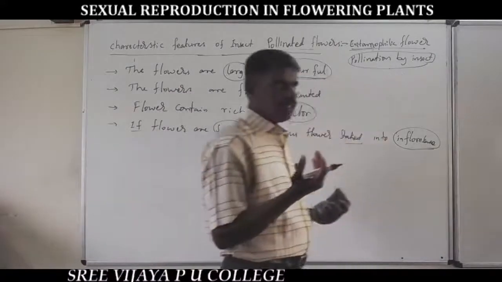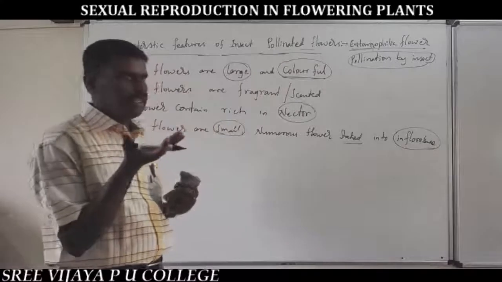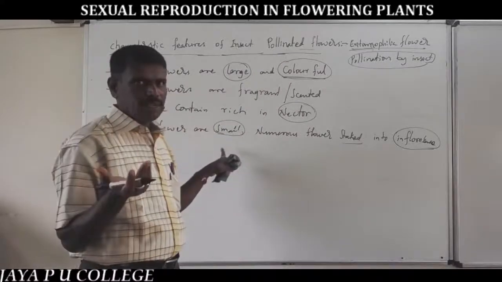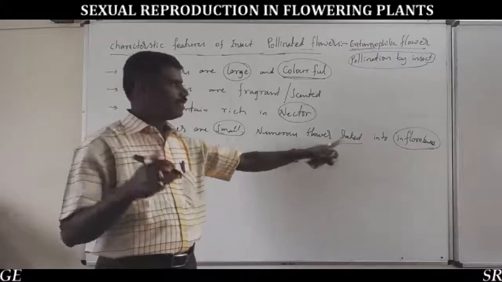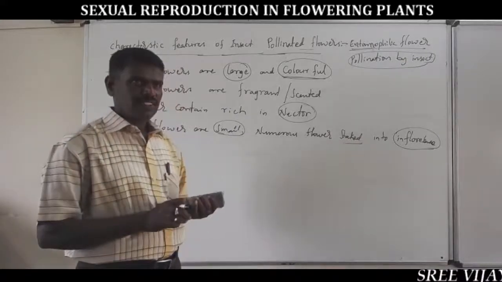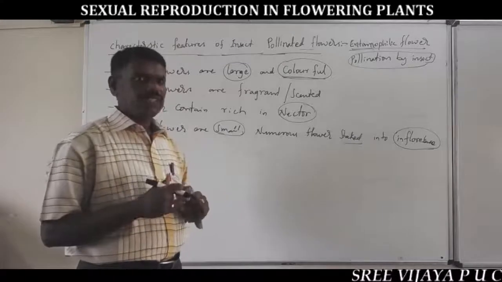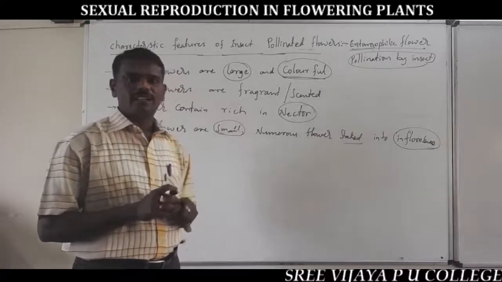Larger flowers can easily bear the weight, but smaller flowers are not able to bear such insect weight, so the insect sits on the inflorescence to suck the nectar.